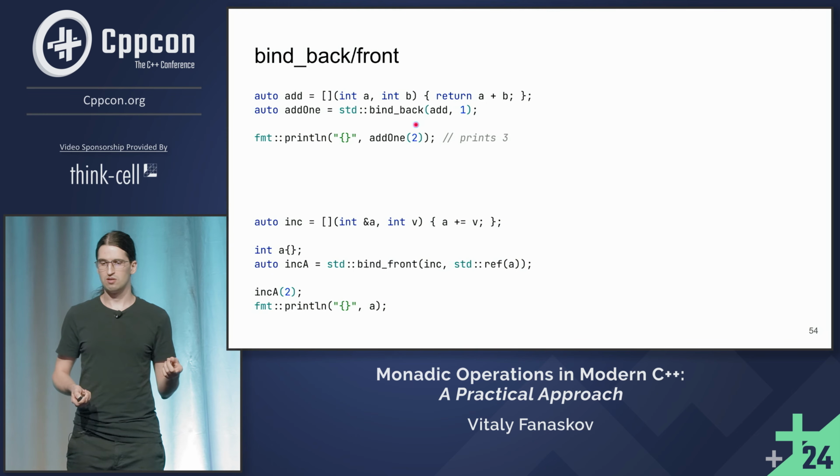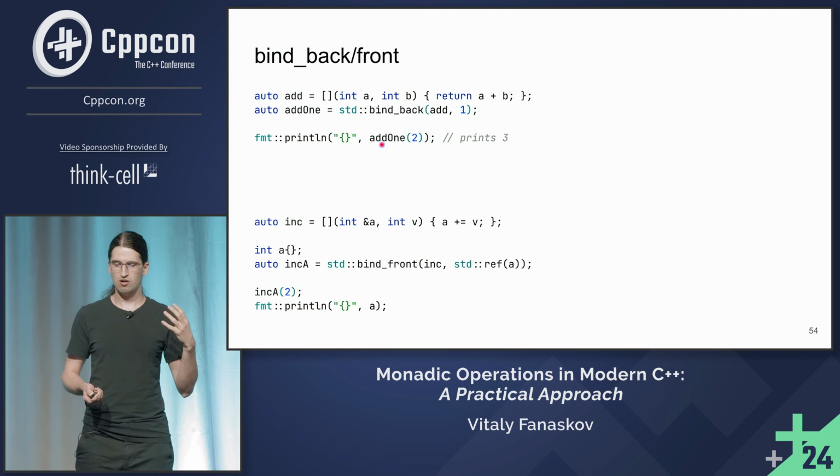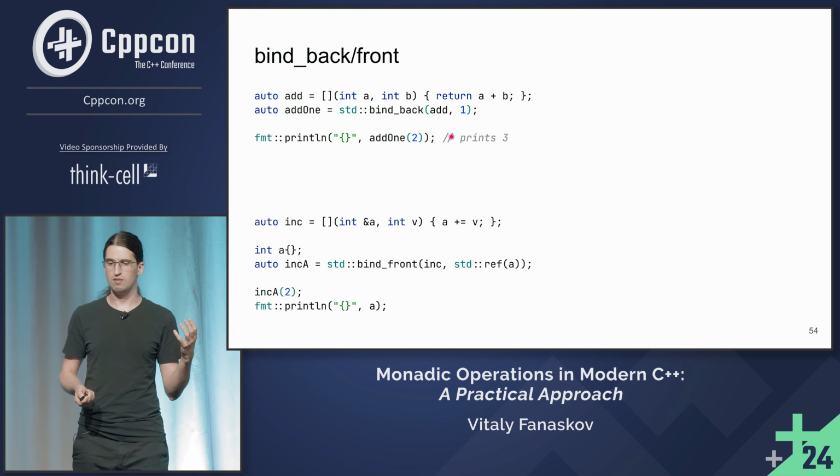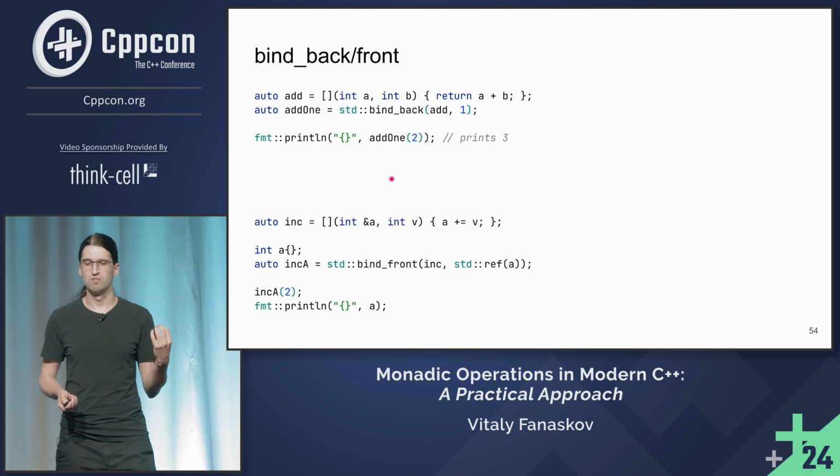It means that bind_back will return another function that can be called with a single argument, and this one will be bound to the b, the second argument. So how can you call it now? add1 with 2, and that will return 3, because now it's a new function that can be invoked with a single argument, which is rather cool.